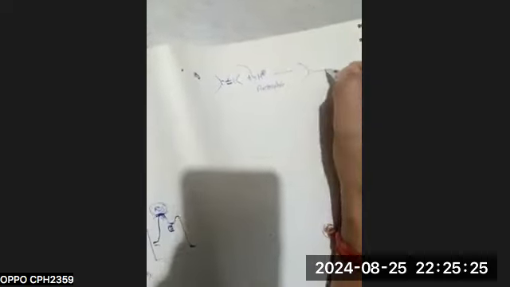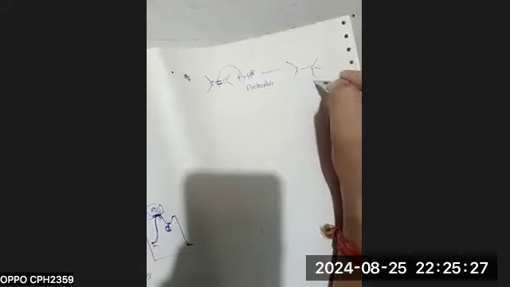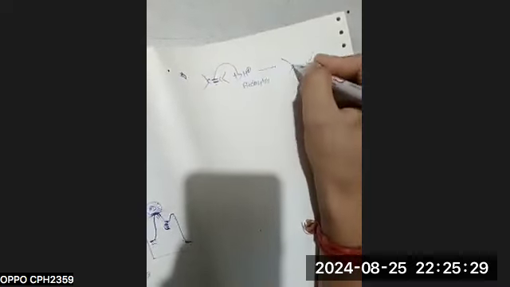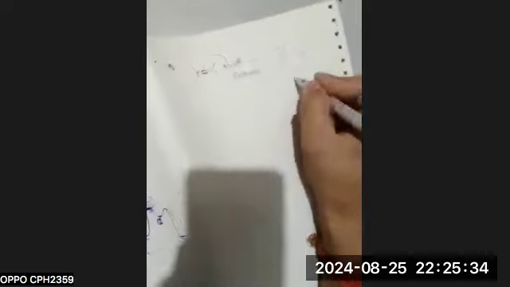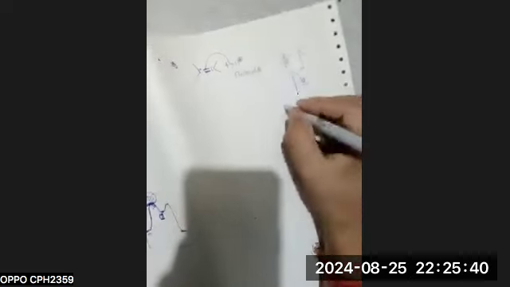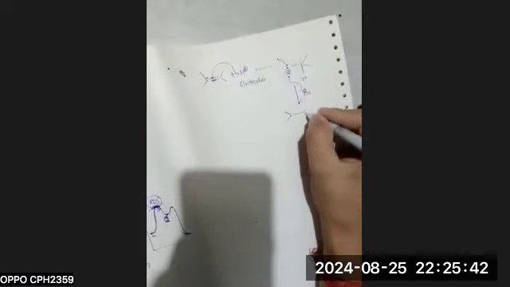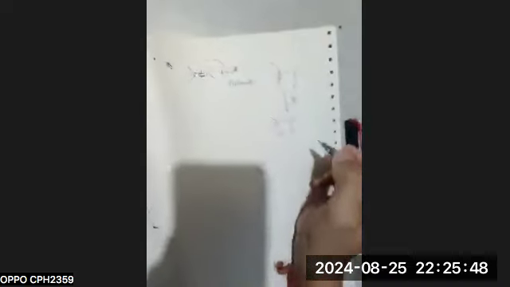That means it can act as a nucleophile to H positive, and then the H positive is attached with any carbon due to the symmetrical nature of the alkene, and one carbocation will form. After that, if I add nucleophile, that means OH minus, then this one will form. That means this is the addition reaction, where we add two atoms.